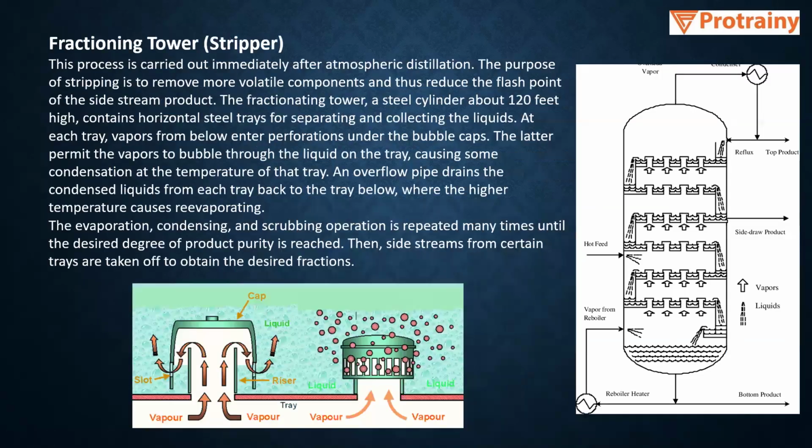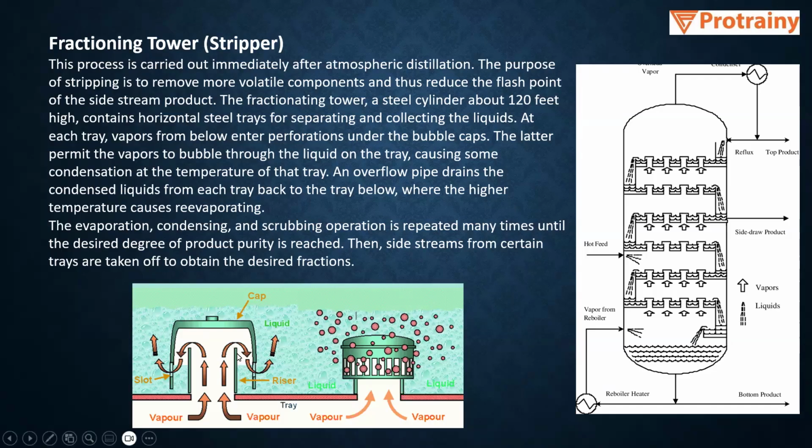So this is a fractionating tower stripper. Further, after we have extracted the fractions of the crude oil in the distillation tower, it is moved to the fractionating tower, from where it is further processed using this kind of technique.